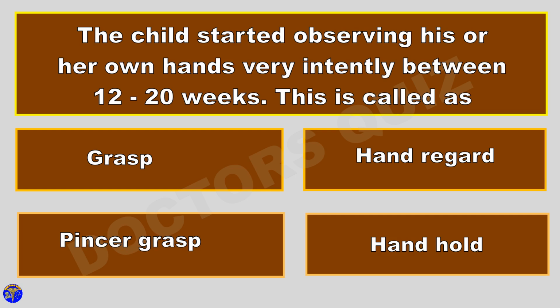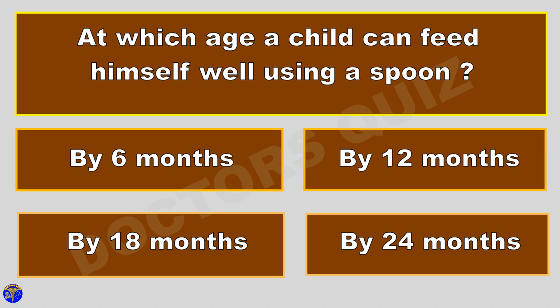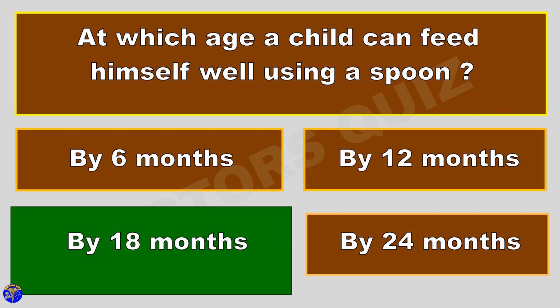The child started observing his or her own hands very intently between 12 to 20 weeks. This is called as hand regard. At which age can a child feed himself well using a spoon? By 18 months.